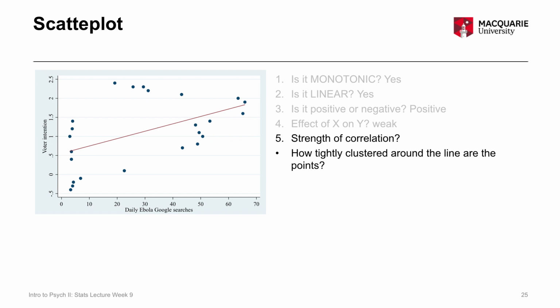If they're really ranging above and below the line and there's a lot of variability, a lot of spread or dispersion in points, then that's more of a weak correlation. So again, this can be weak or moderate or strong, but this is about the correlation, not the effect of x on y. So here I'd probably say it's moderate. It's a little bit difficult to tell with that big hole in the middle of the graph because it makes it look really spread out. But I would say here it's probably moderate.